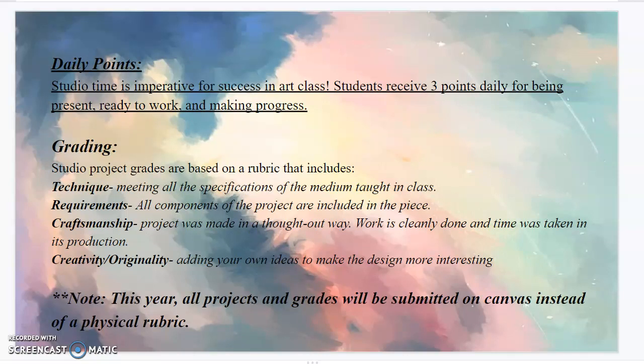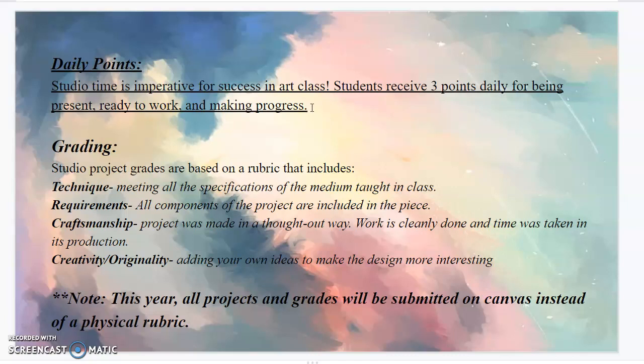So this is a little bit about how their grade comes to be in my class. Obviously there's the studio aspect, and that's a good 50% of their grade, just those projects and how well they do on them. But there's also daily points. Every single day a student gets 3 points for being here, ready to work, making progress, being respectful, and respecting the classroom.